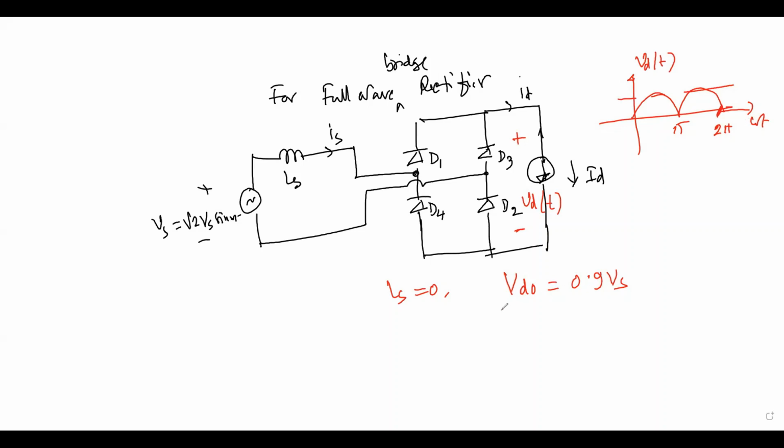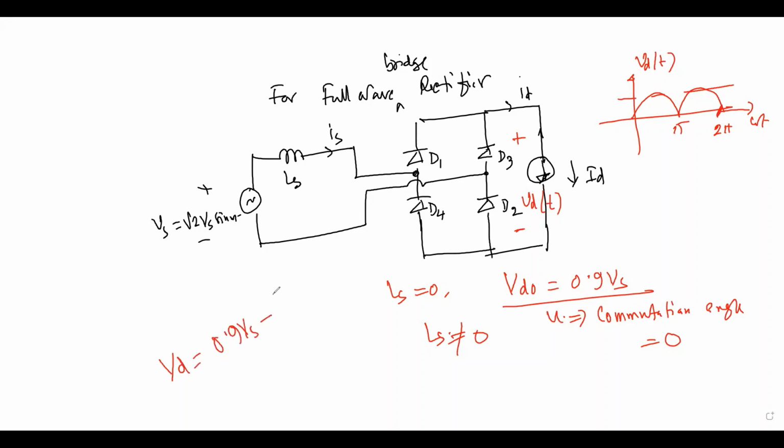So if LS is 0, you will get this one, and the commutation angle u will be 0. When LS is not 0, then your VD will be 0.9 Vs minus 2 omega LS ID divided by pi.